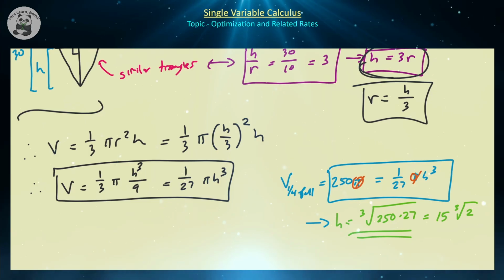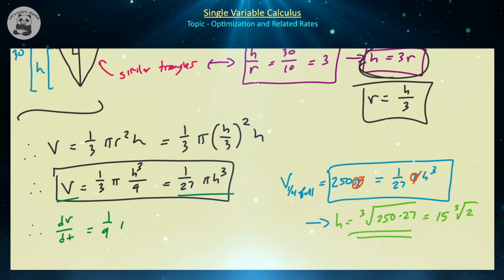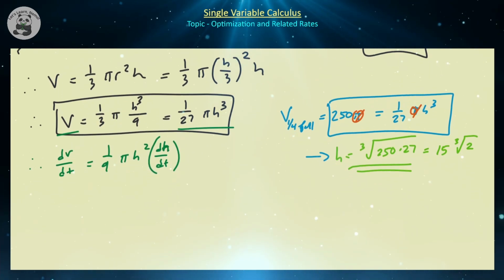Right? So once we have our V equation and the height for which we need, because we need to plug this into the derivative later on, we just need to figure out how dh/dt is changing. So dV/dt, since we have a function of h only, that's going to be equal to 1 over 9 times pi h squared times dh/dt. How fast is our volume changing with respect to time?